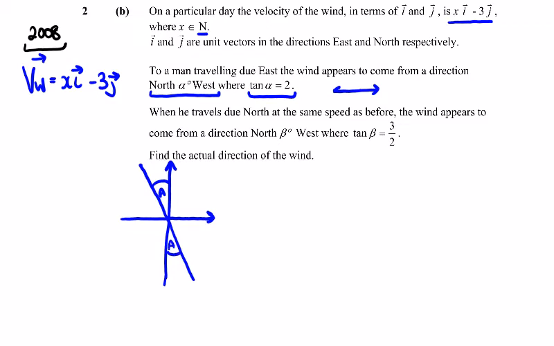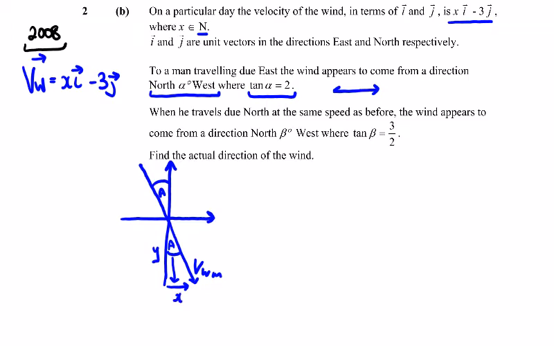My unit vector then, this is the velocity of the wind relative to the man. It's coming down in this direction. So my i direction is opposite the angle this time, and my j direction is adjacent to the angle along here, if you imagine y here and x here.